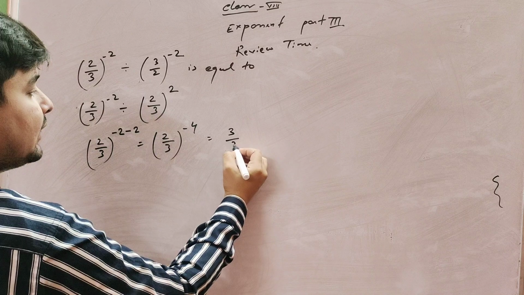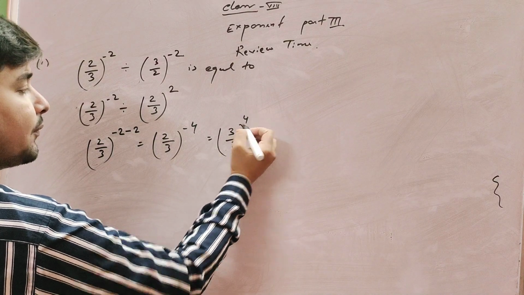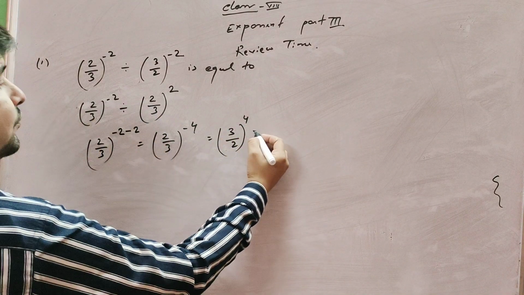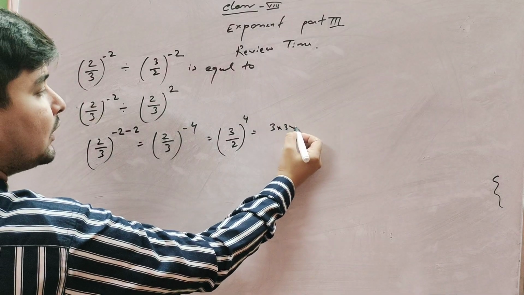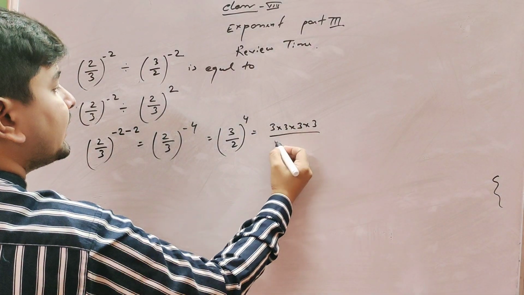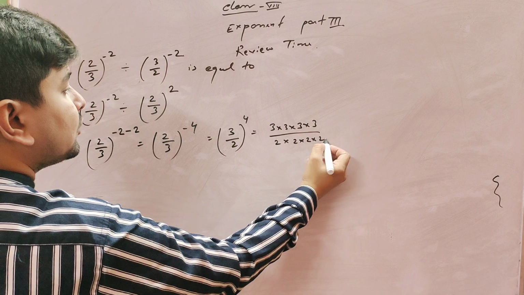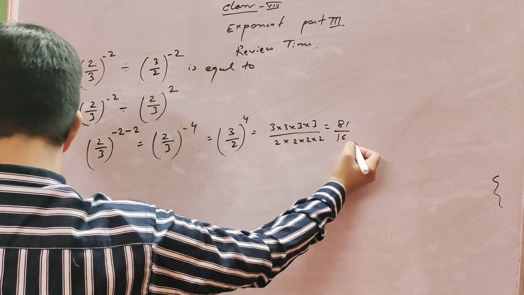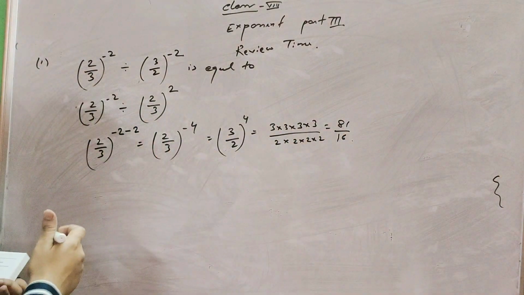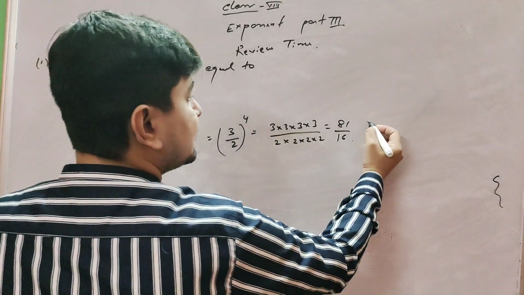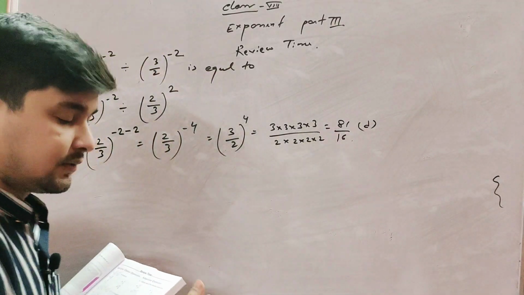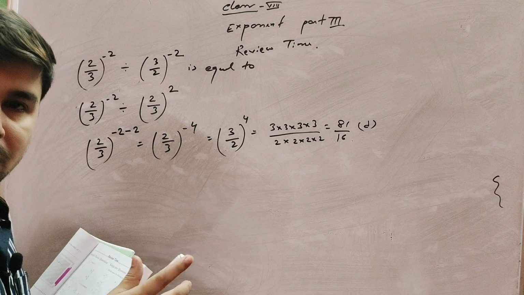When we reciprocate, it becomes 3 upon 2 to the power 4. So 3 into 3 into 3 into 3, and here is 2 into 2 into 2 into 2. So your answer is 81 upon 16. That means option number D. In your book, option number D is your answer. Okay, note it down.